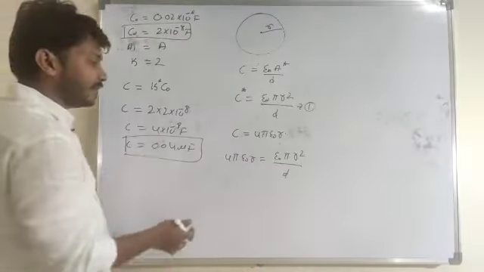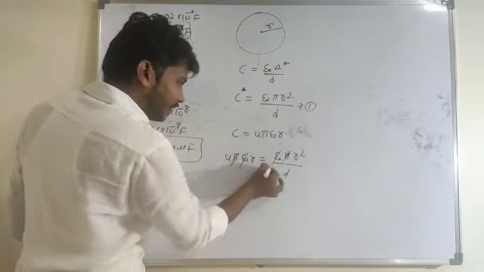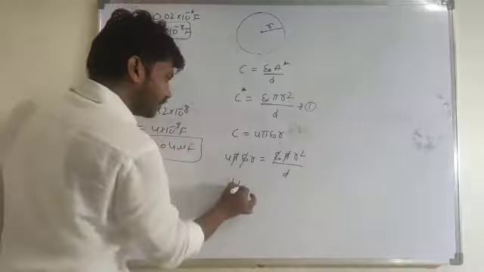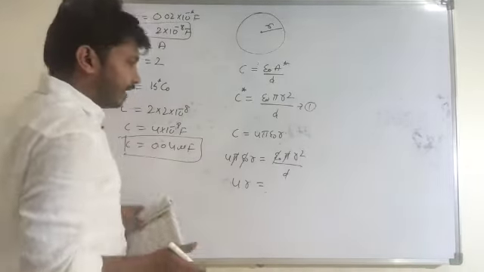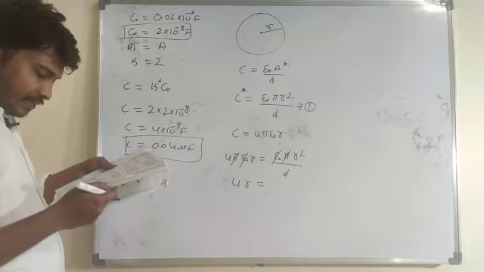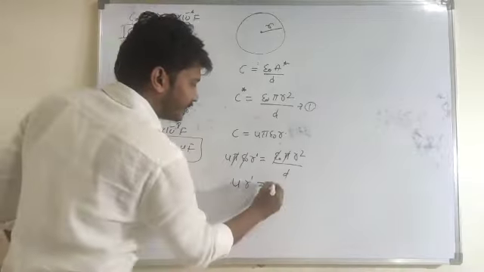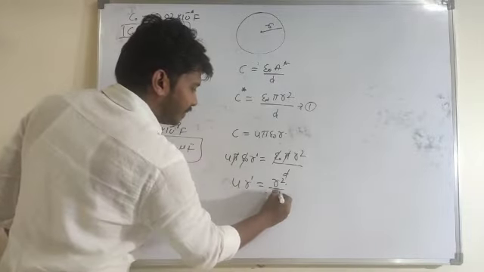Pi will get cancelled, epsilon naught will get cancelled, so 4r dash is equal to r square divided by d.